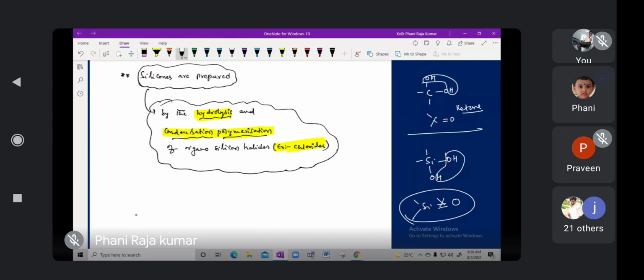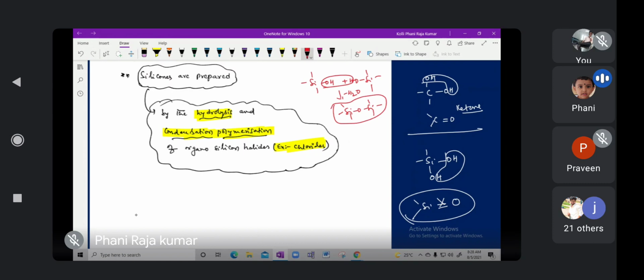So instead of removal of a water molecule within the molecule, we can remove a water molecule between molecules. For example, I am taking Si, OH plus HO, Si. Now removal of water gives SiO, Si. Now this is condensation polymerization.